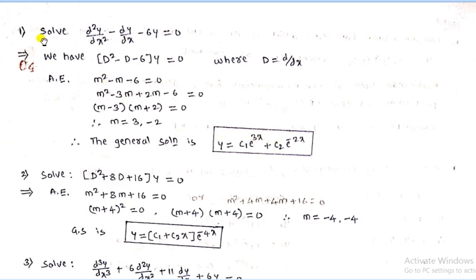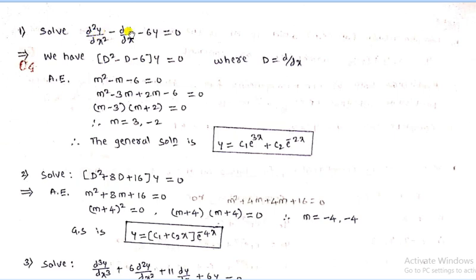Example 1. Solve d square y by dx square minus dy by dx minus 6y is equal to 0. So the first step is to express the given differential equation in symbolic form. So replace d by dx as capital D, square, capital D and minus 6, and take y as common.